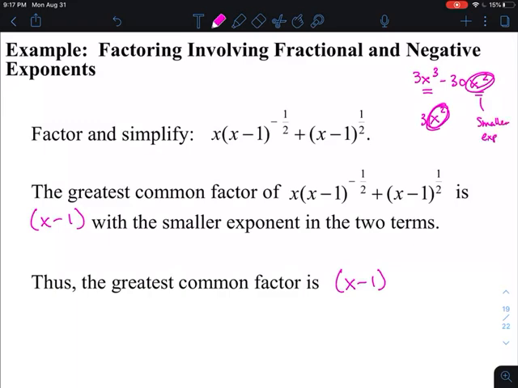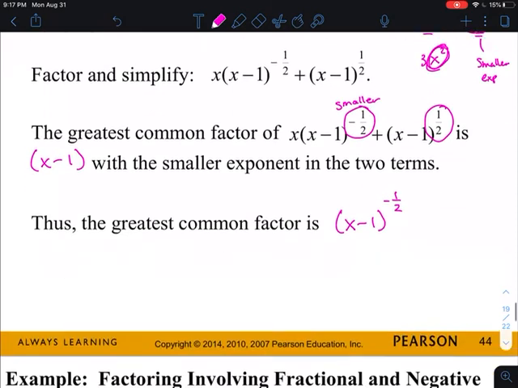So when I look at a negative 1/2 and a positive 1/2, which one is smaller? Well, the negative 1/2 is obviously smaller, right? Because it's negative. So the greatest common factor is going to be that x minus 1 with a negative 1/2 power. So now let's take it to the next step.